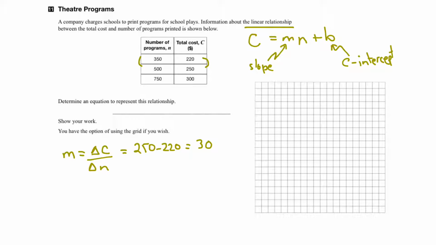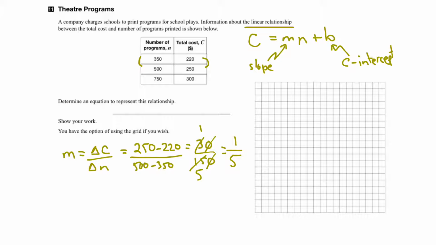And the difference to get from 350 to 500 would be 500 minus 350, or 150 programs. And here the zeros would cancel. 3 goes into itself once, 3 goes into 15 5 times, so our slope, or rate of change, is 1/5.